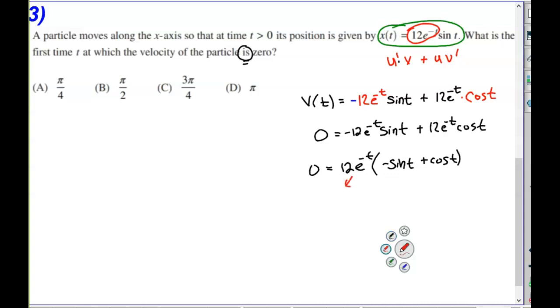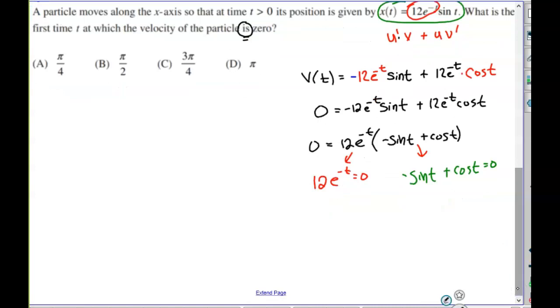Each piece is equal to its own zero. So the first part is equal to 0, and the second part. And then it's really just pre-calc.